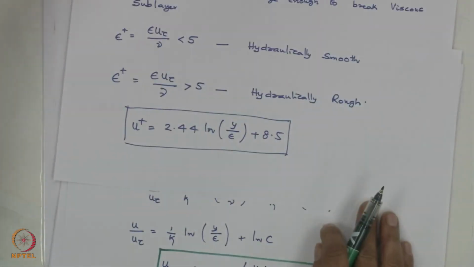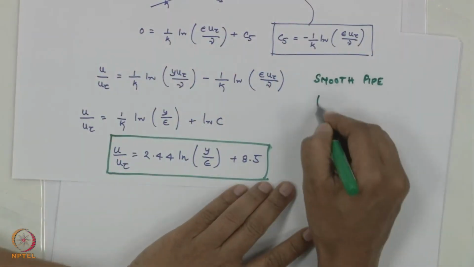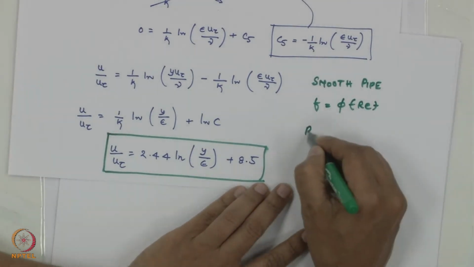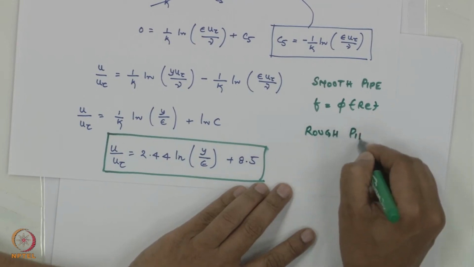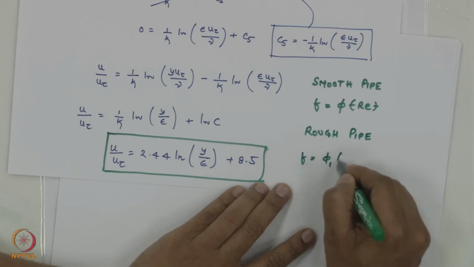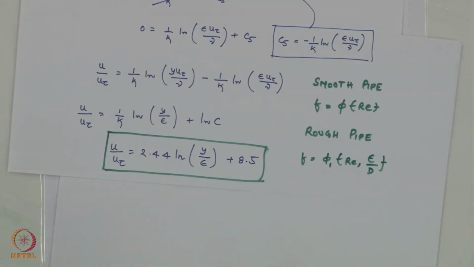Same steps whatever we had followed to find the friction factor in the case of smooth pipes, we are going to follow. But the only thing is that we need to appreciate that earlier for smooth pipe, friction factor was only a function of Reynolds number, but for rough pipe, remember when I say rough I mean hydraulically rough, not geometrically rough, friction factor is a function of not just Reynolds number but epsilon by d, that is the surface roughness.